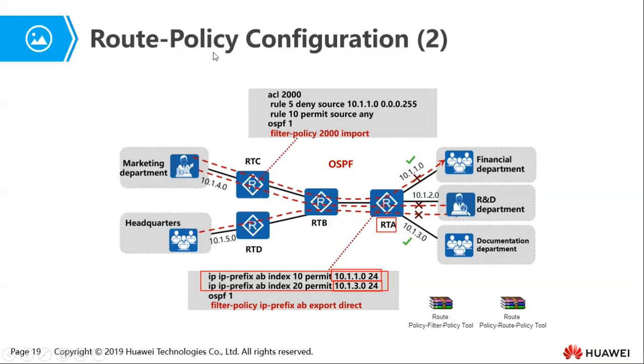Okay, so let's see what we are doing in OSPF. Now, in OSPF 1, we use filter policy, then IP prefix, and we specify the name. Then we say export direct. So what are we saying exactly here?